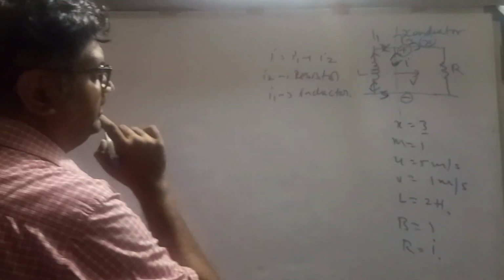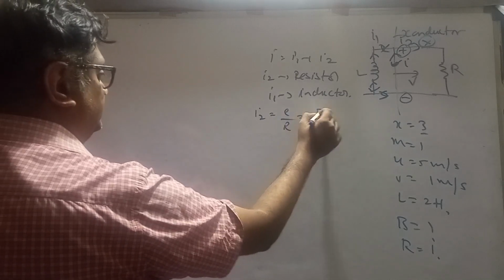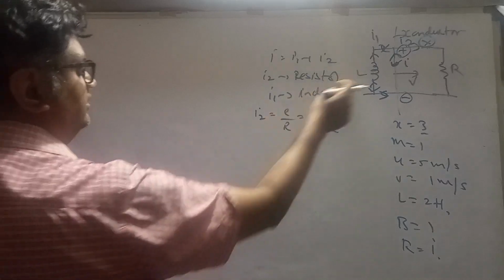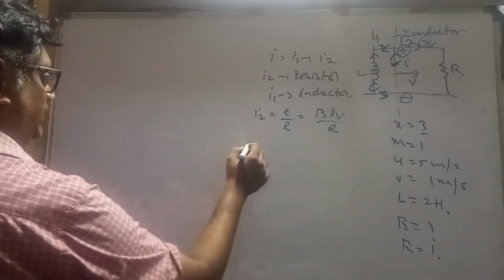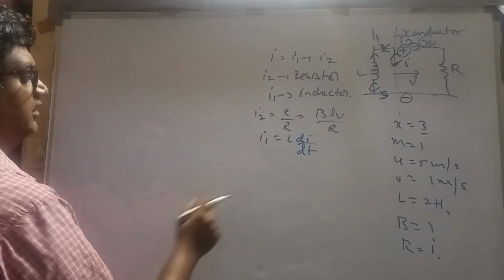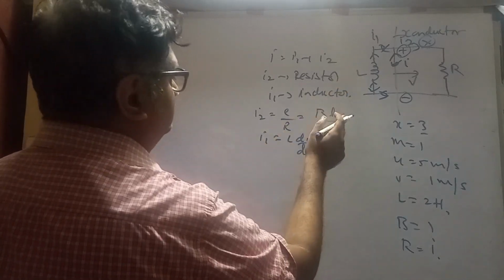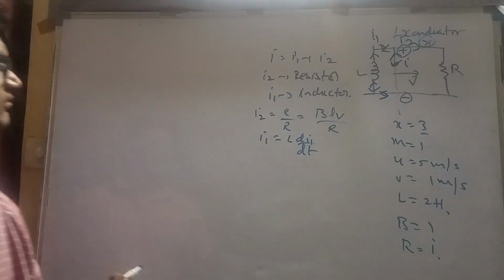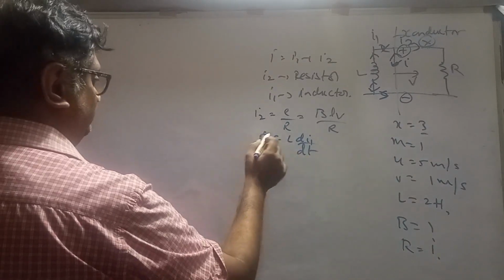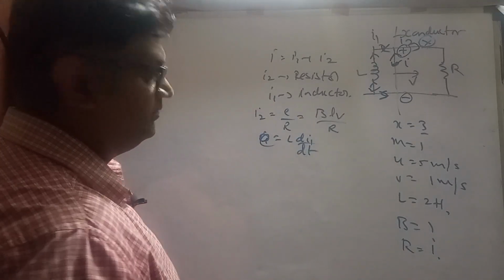If you want to find I2, it will be E by R, which is BLV by R. And in the case of I1, there is a change in current, so we can write E is equal to L di by dt, right?